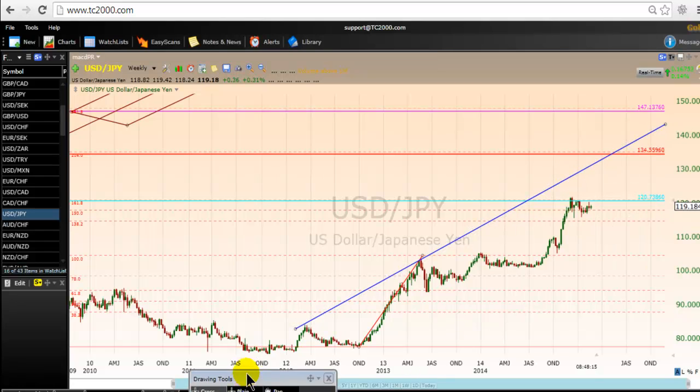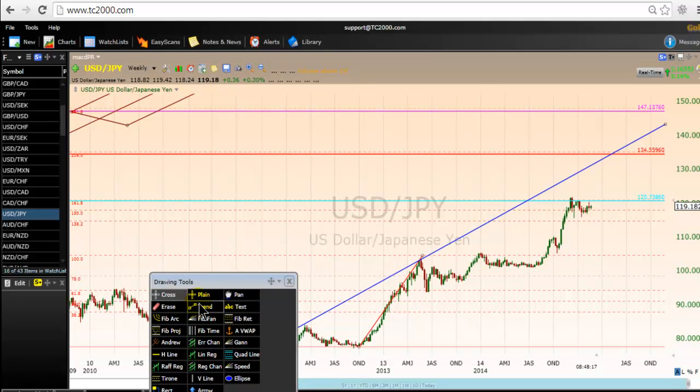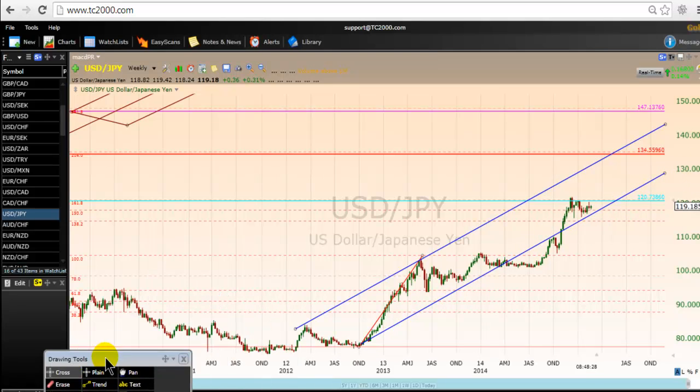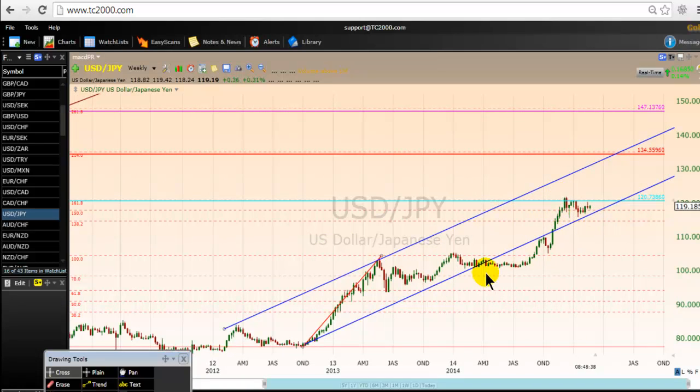We can also draw another line that is parallel to it because it's going up. We can choose just this point here and then draw a line that is parallel. I like that. You see the parallel. Now, that's where price is now. By doing this kind of exercise, you see clearly whether you should sell or buy.